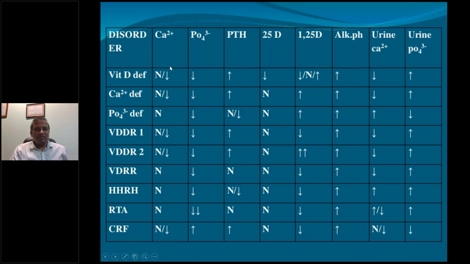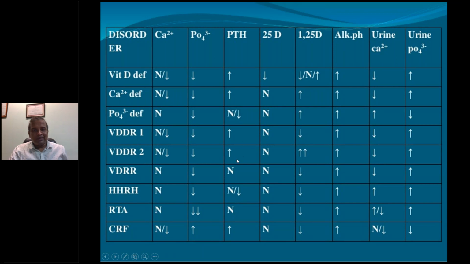The calcium levels are mostly normal to low in most of the diseases. Phosphate levels are usually low, and they are severely low in renal tubular acidosis, and phosphate retention happens in chronic renal failure. PTH is increased because of secondary hyperparathyroidism in vitamin D or calcium deficiency, whereas it is reduced or normal in phosphate deficiency because phosphate has an inhibitory effect.